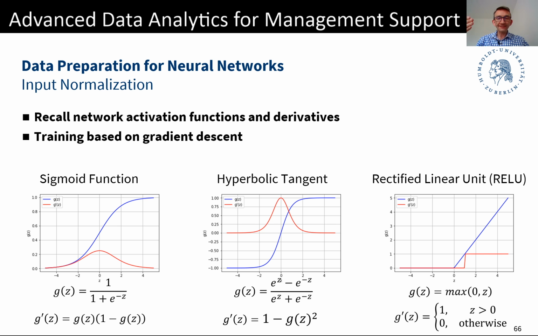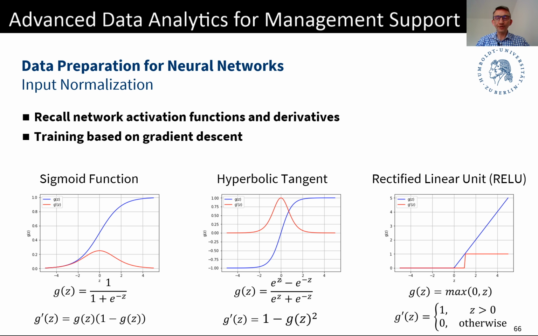By now you understand how the derivative of these activation functions affects backpropagation, and how the derivative of the loss function shows up in the calculation of our gradient that we need to train our neural network. Essentially, the problems that can occur with regard to input normalization hold true for each of these activation functions, although to different magnitude, and it's easiest exemplified in the case of the sigmoid function.